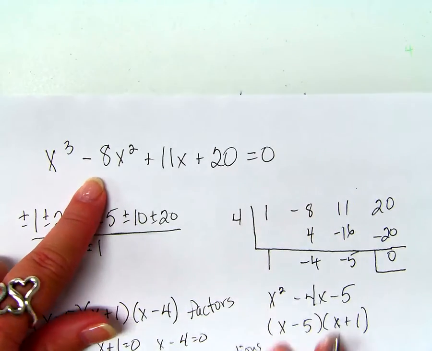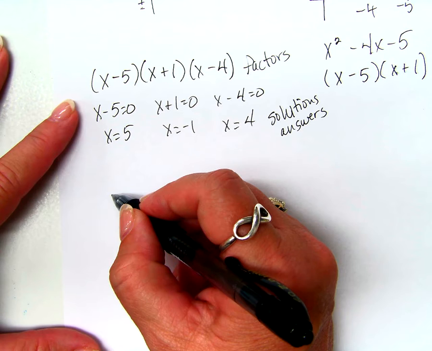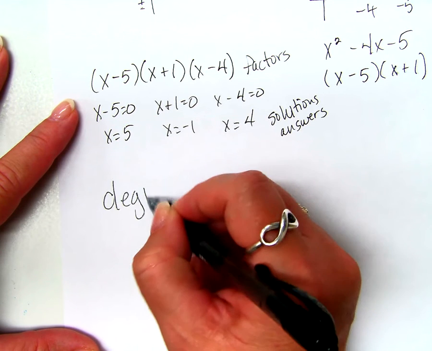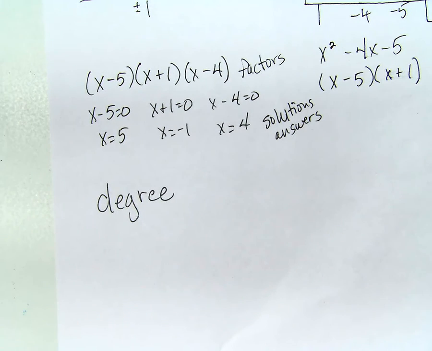Okay? There's a couple things that we need to talk about as far as vocabulary. Degree. You've heard this word before in lots of different situations. It's one of those math words that have a lot of different meanings in different situations. I think earlier mathematicians just got bored making up new words, so they just used the same word for lots of different things. Okay?